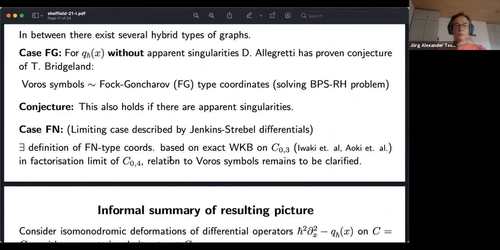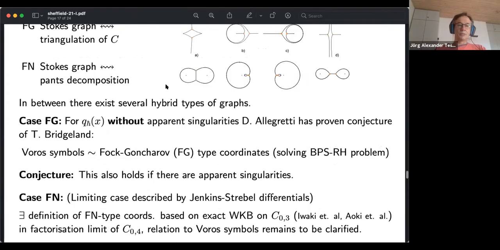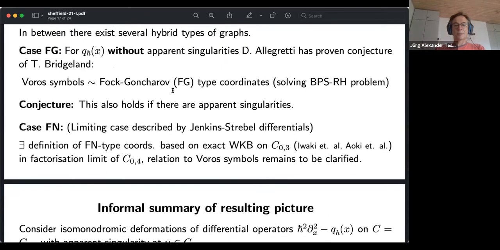And what I also want to mention, also not fully finished business in some sense, but we can say something. The question is, what is the relation between the networks of this Fenchel-Nielsen type and coordinates defined through exact WKB?